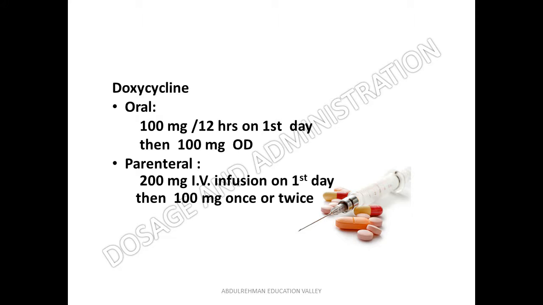Dosage of parenteral doxycycline is 200 mg IV infusion on the first day, then 100 mg once or twice daily. Tetracycline in acute infections is 1 gram, 2 grams in a severe infection, divided in equal doses.